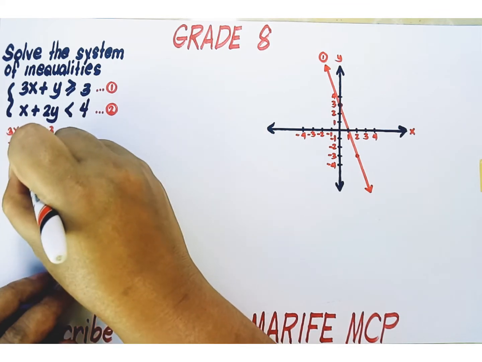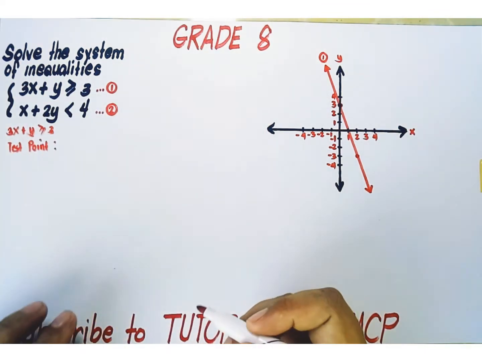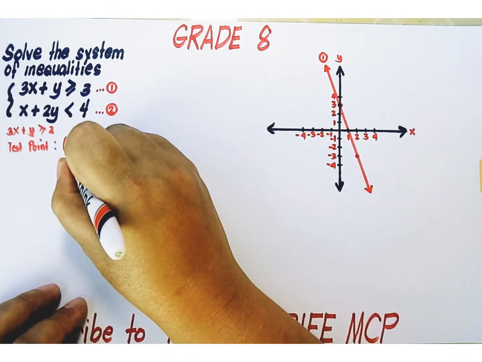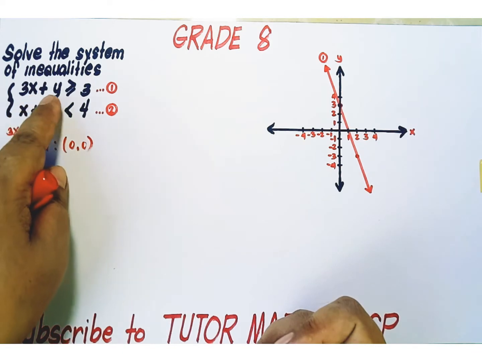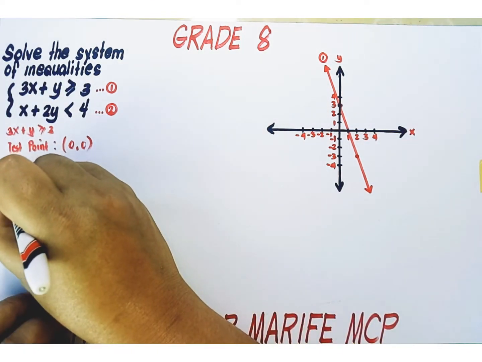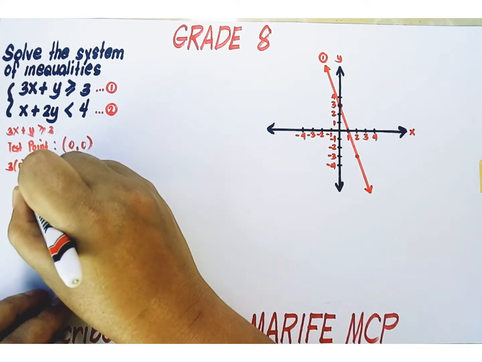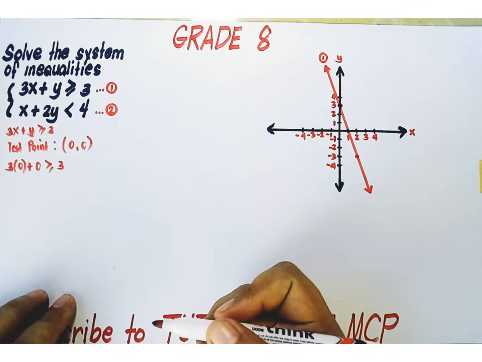Our test point is the origin. The coordinates of the origin are both 0. Substitute x equals 0 and y equals 0 into the inequality. 3 times 0 plus 0 is greater than or equal to 3.